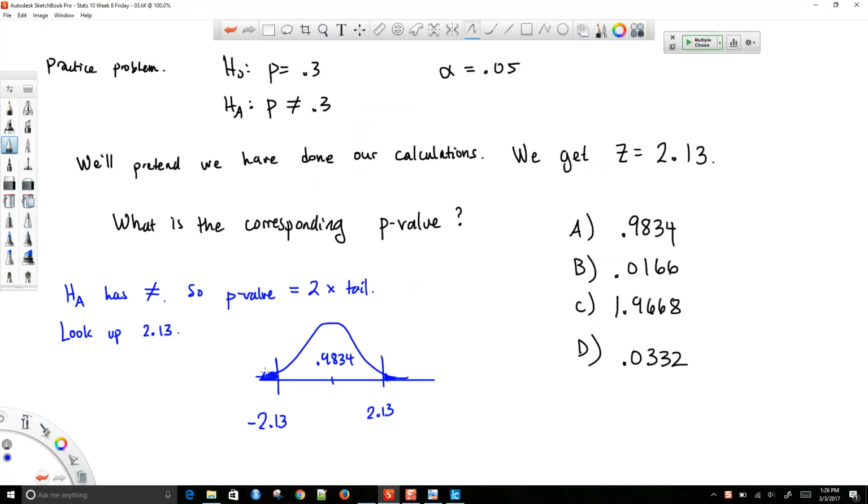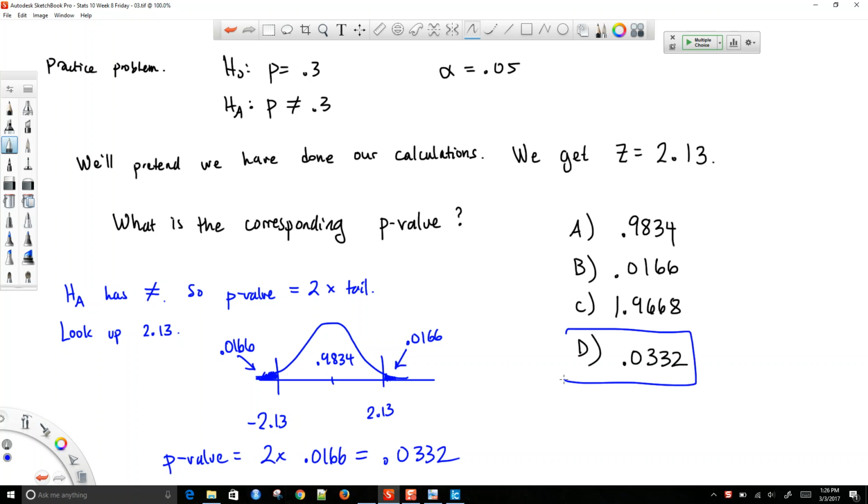That tells me that this chunk over here is 0.0166, and I'm going to multiply that by 2. So my p-value will be 2 times 0.0166, which is 0.0332. That's going to be my answer there.